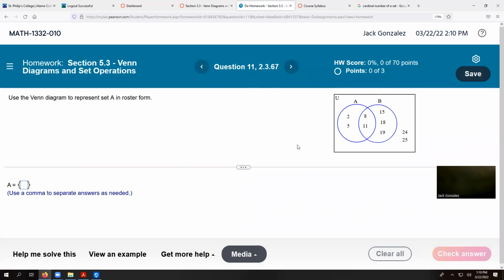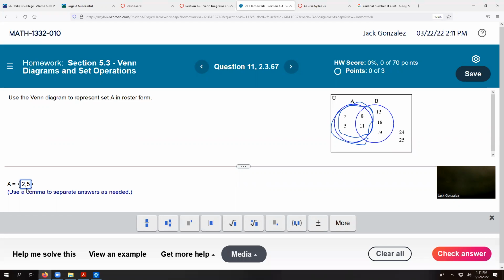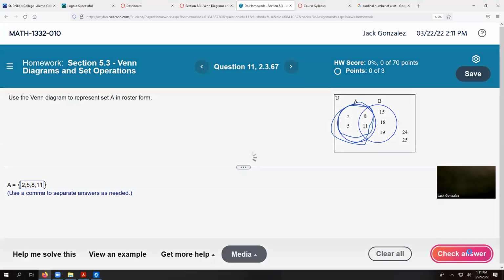There we go. Here's a Venn diagram. So something like this on your exam. Let's say use this, and then they'll ask you, what is inside set A? So you're just going to write these elements right here. Nothing crazy. So 2, 5, 8, 11. Pretty easy, right? If I give you a picture and I tell you what's inside A or what's not in A, you just write it down.